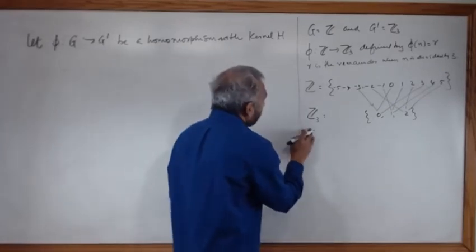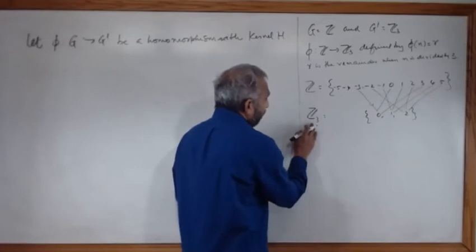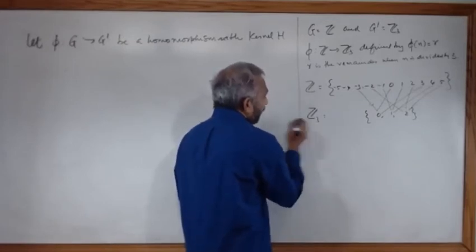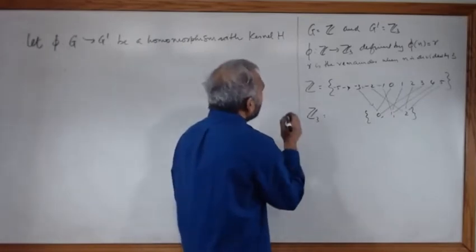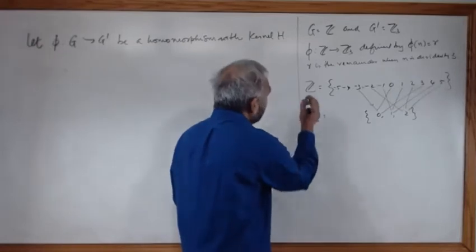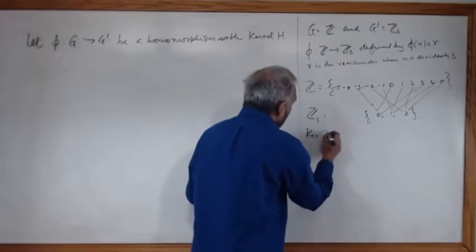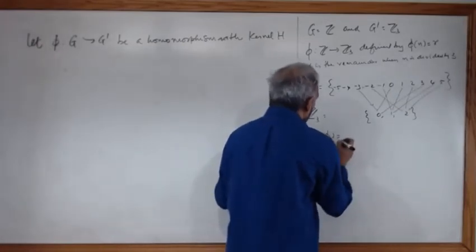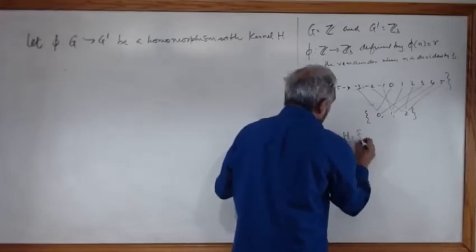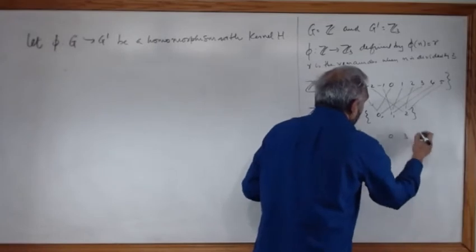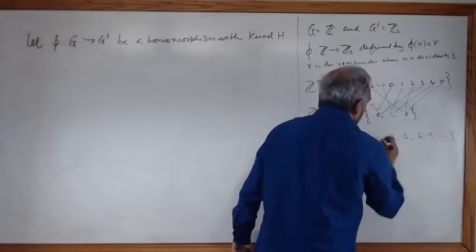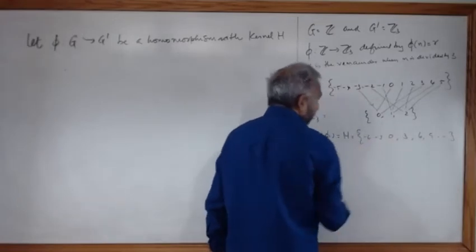So we have cosets of Z3. See, the kernel of phi, here it is H, is equal to 0, 3, 6, 9, etc., minus 3, minus 6.